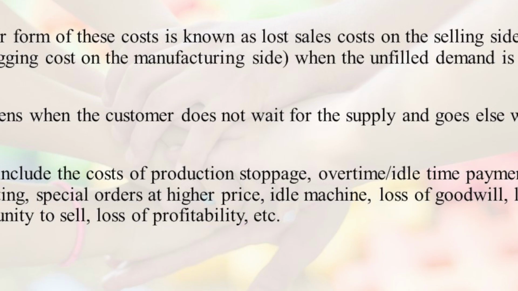Shortage cost includes the cost of production stoppage, overtime, idle time payment, expediting, special orders at high price, idle machines, loss of goodwill, loss of opportunity to sell or loss of profitability. You should remember all these things come under the shortage or stock out cost.